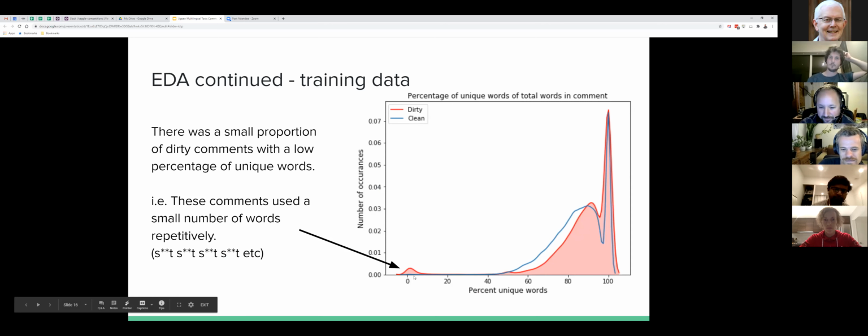But on the left, the blue line, the clean line, is very close to the x-axis, while there's a little bump in the red line for the toxic ones. That says to me that there's a proportion of toxic comments that just had a lot of repetition. I don't know what that might have been. They're obviously just saying the same word over and over again, probably something offensive. So that was a really interesting little thing that I found.